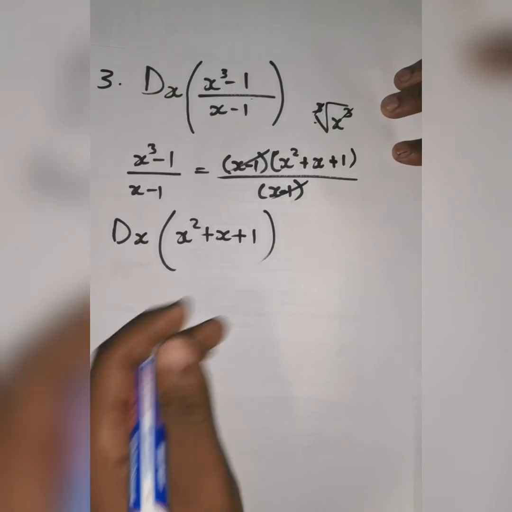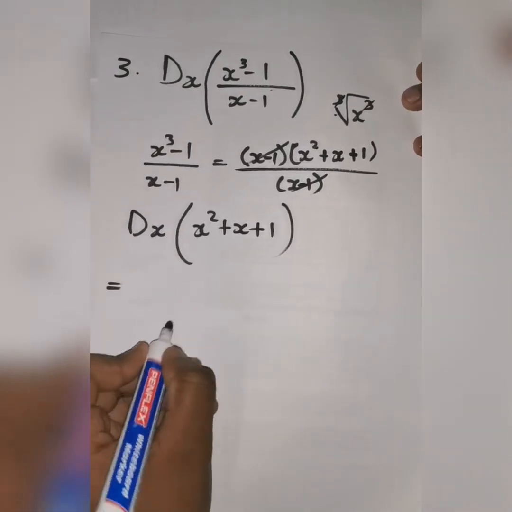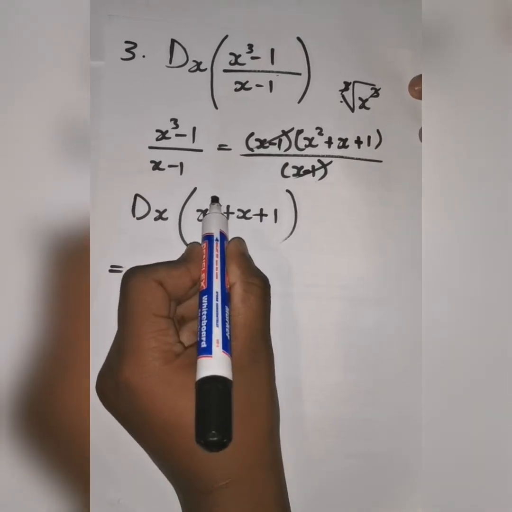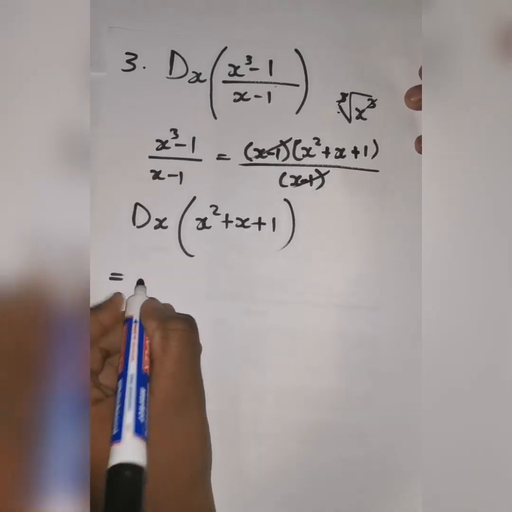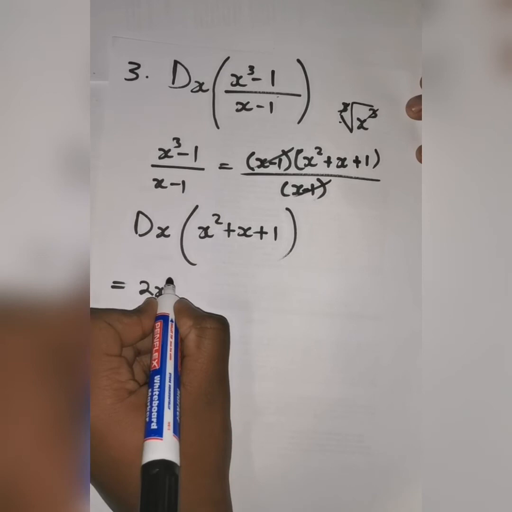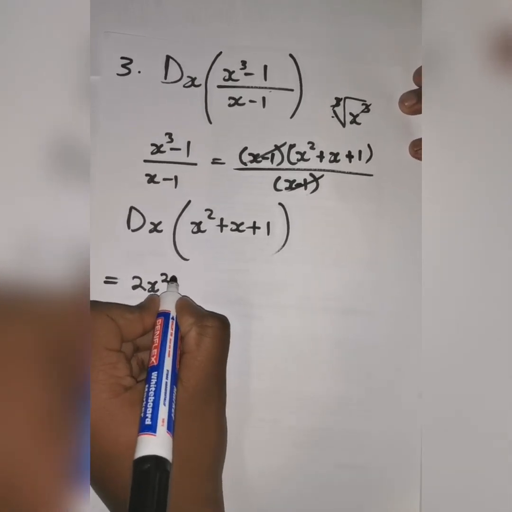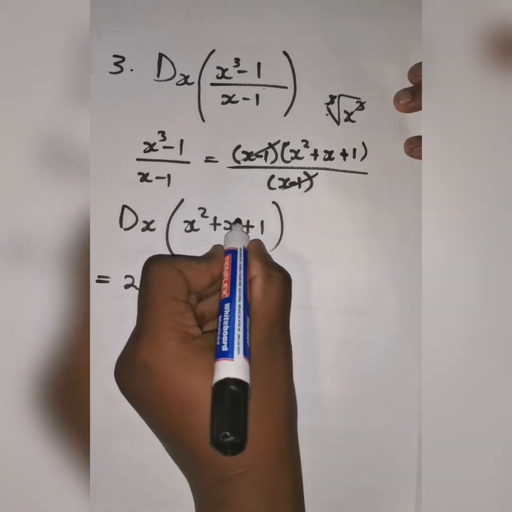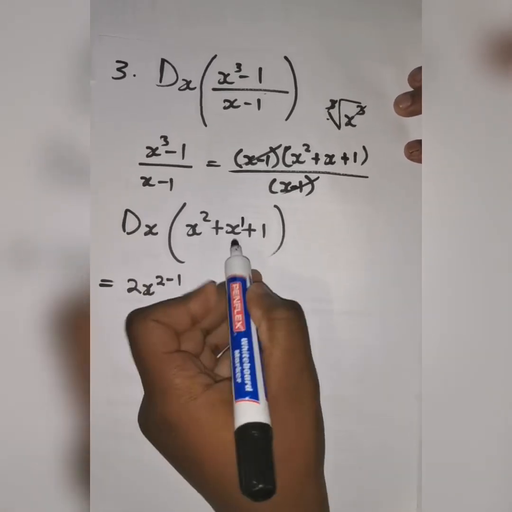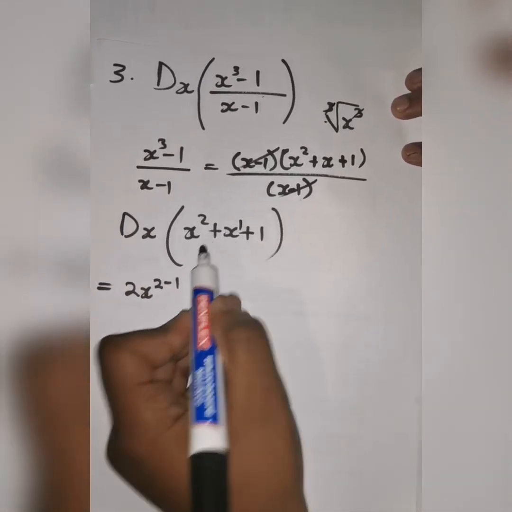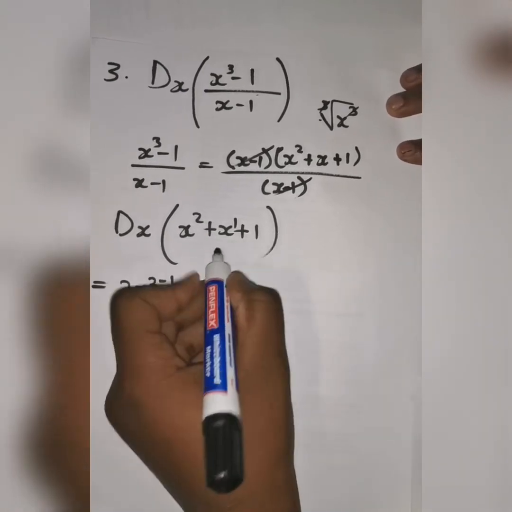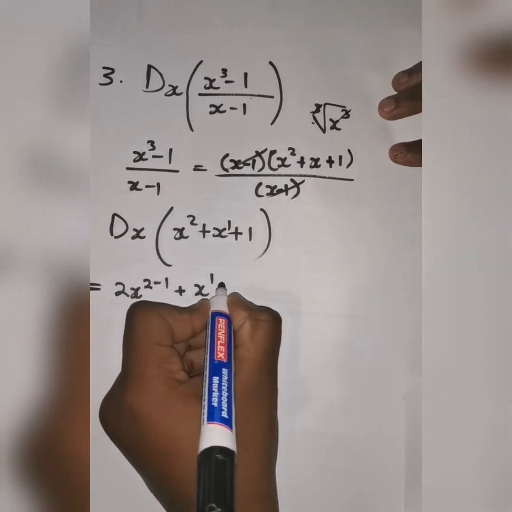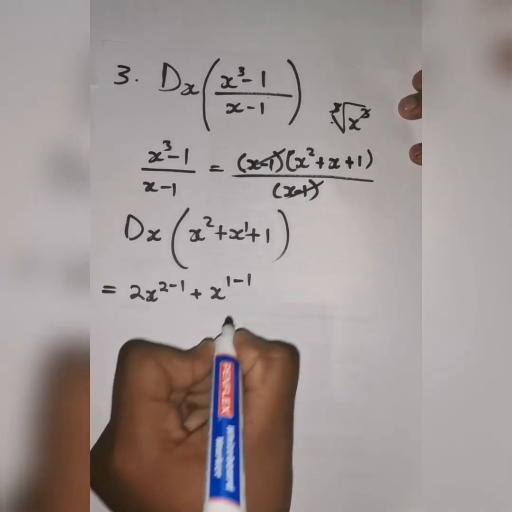So looking at this, it's easier to differentiate that. So to differentiate this, we're going to take down the power, so it's going to be 2x, right? And then x to the 2 minus 1. We subtract 1 from the power as always, and then from this, this is x to the power of 1, so we take down the base. It's going to be 1 multiplied by x to the power of 1 minus 1.